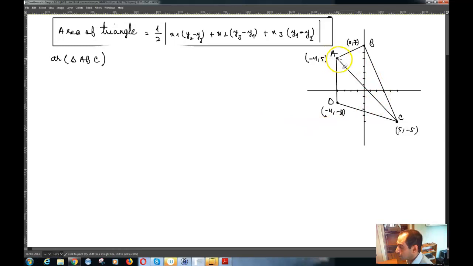What they have done is write the points as -4, 5, 0, 7, and 5, -5.